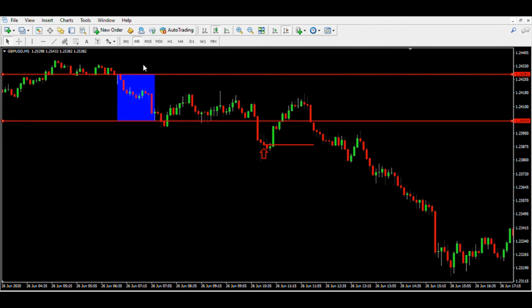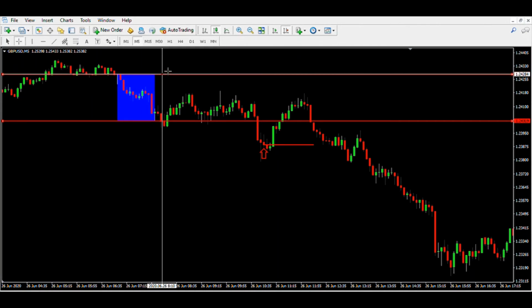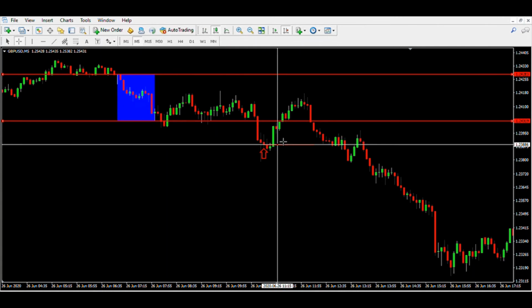Your stop loss will be at the top of this box, which is right here on this line. You measure for your stop loss, so your stop loss will be 124284, and your take profit will be the size of this box, which is 26 pips. So you measure 26 pips from your entry.